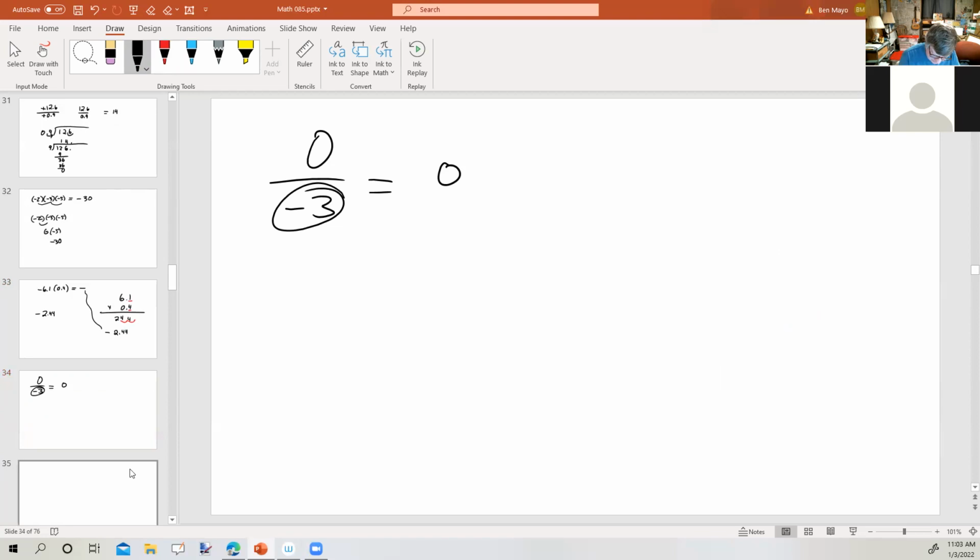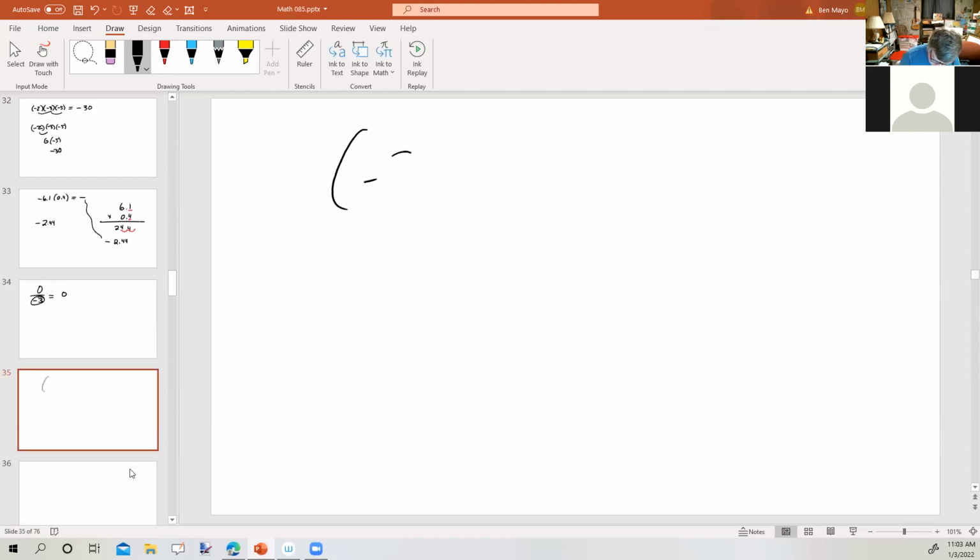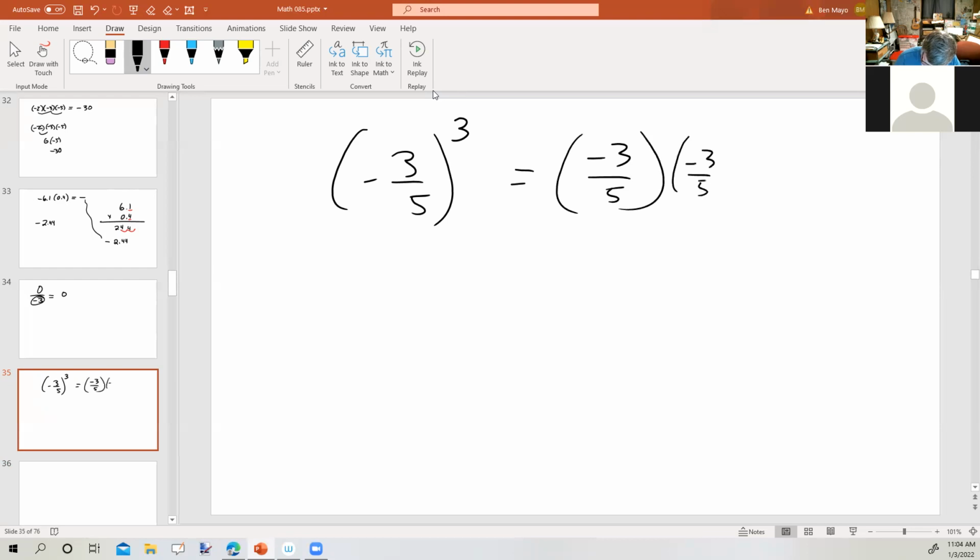How about this one? We have a fraction raised to a power. So this is like having -3/5 times -3/5 times -3/5. And then we multiply straight across. Well, -3 times -3 times -3 would be -27.